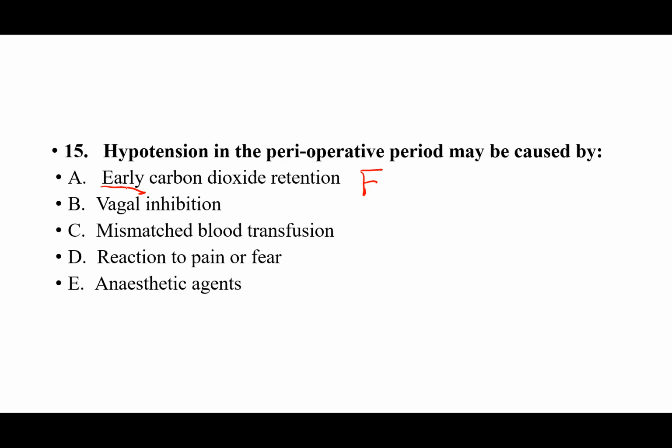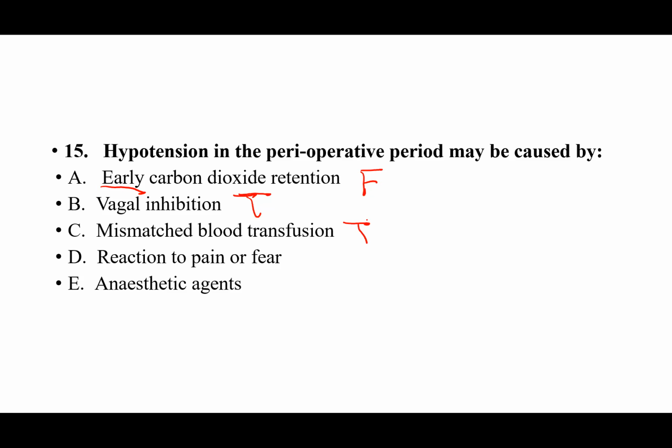Okay, let's continue. Vagal inhibition. What does vagal inhibition do, hypo or hypertension? Hypotension. Mismatched blood transfusion. True. It causes hypotension. Why does mismatched blood cause hypotension?